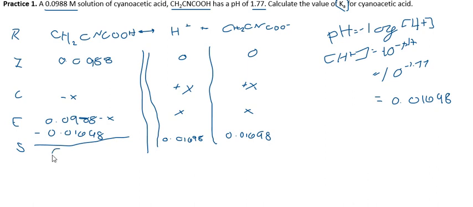And we get that the equilibrium concentration is in fact equal to 0.081. So it was a smart decision this time to assume that X was not negligible because it clearly wasn't. So now I can calculate my Ka.